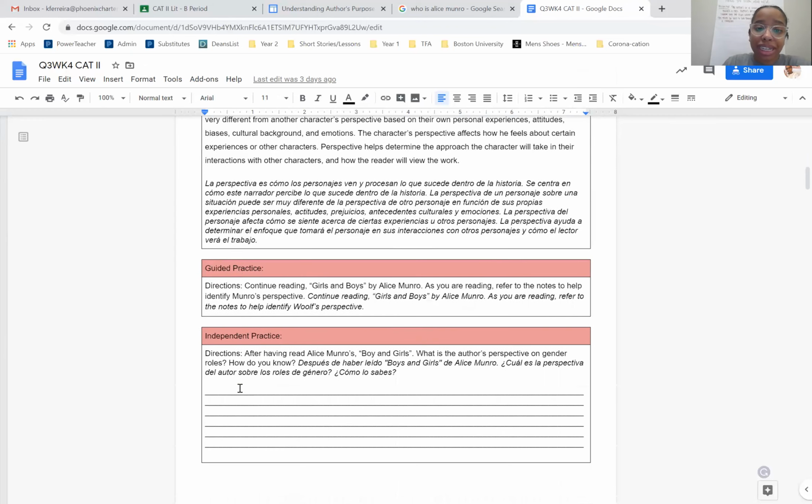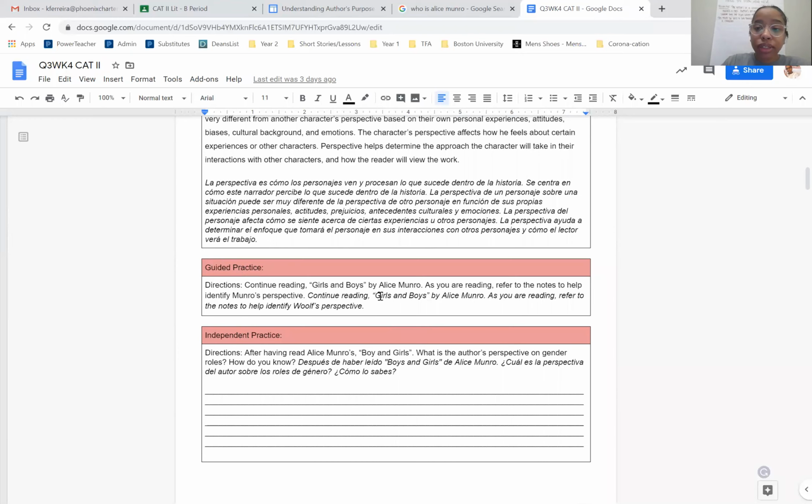If we scroll down a little bit more, you should have read the first 5 pages of Boys and Girls by Alice Munro. In order for you to truly understand what the author's perspective is, I want you to continue reading Boys and Girls. By the next class, you should have read it completely and fully.